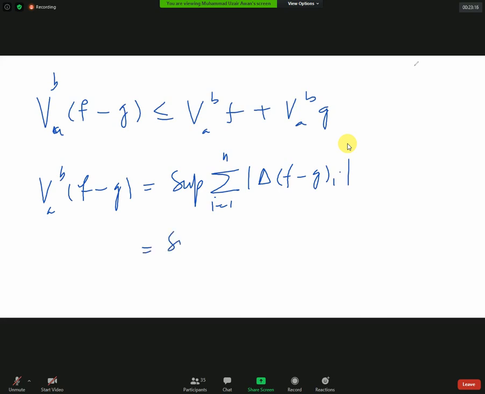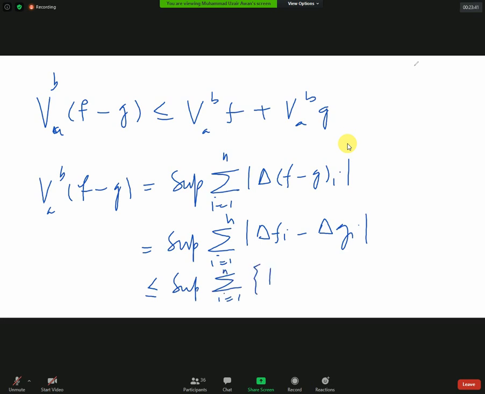So that is equal to supremum summation i equal to 1 to n del Fi minus del Gi. So that will be less or equal to, again using the property of absolute value, we have del Fi plus del Gi.